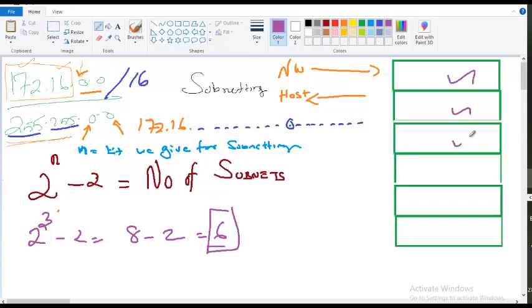For each department, I need to provide a dedicated subnet. So to get 6 subnets, you have to borrow 3 bits. If you give 3 host bits as network bits, from now they will be called network bits. There are no more host bits.